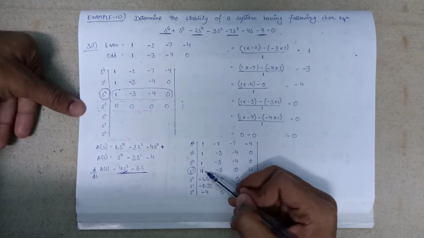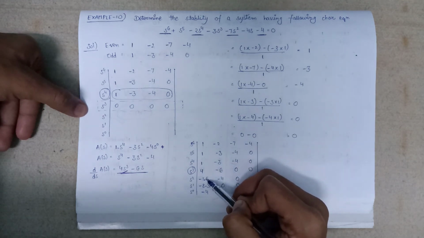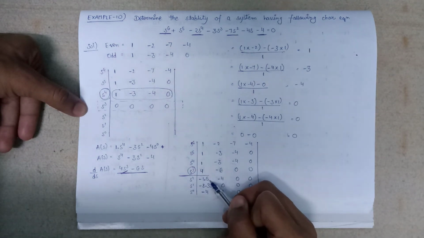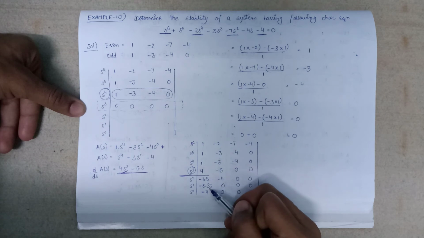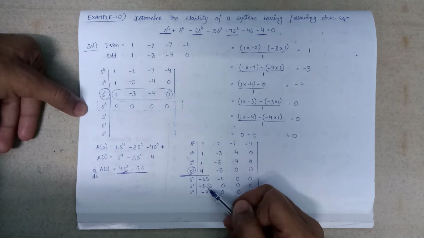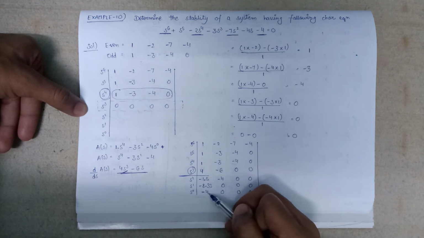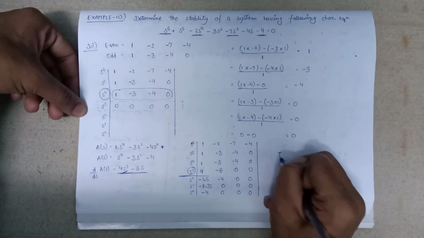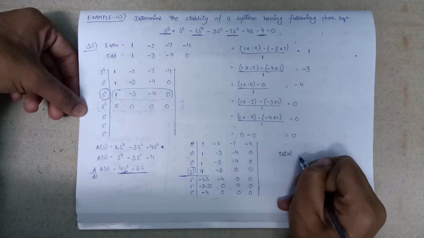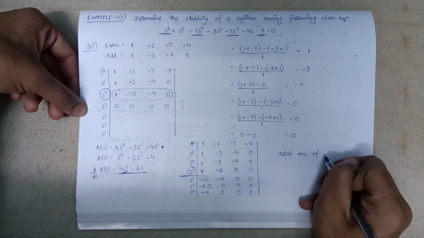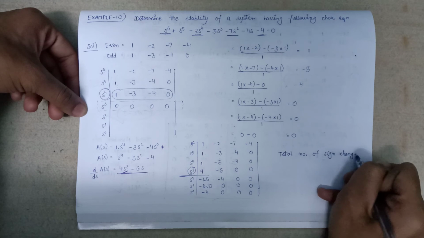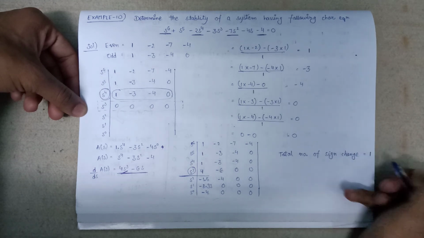But 4 is positive and -1.5 is negative, so here is one sign change. -1.5 is negative, -8.33 is negative, no sign change. -8.33 is negative, -4 is negative, no sign change. So the total number of sign changes is 1.